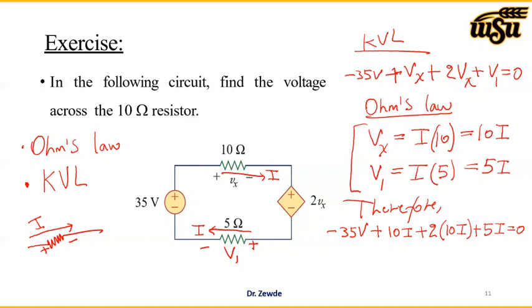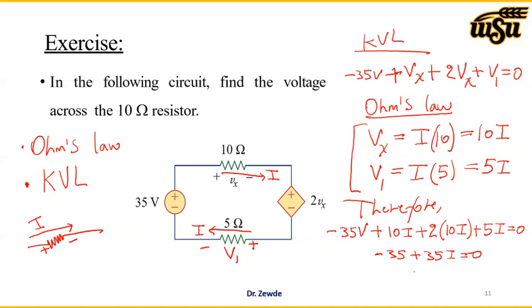Now we have 10I, 20I, and 5I. If we add all these, this becomes minus 35 plus 35I should be 0.